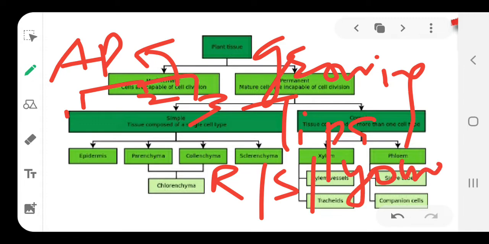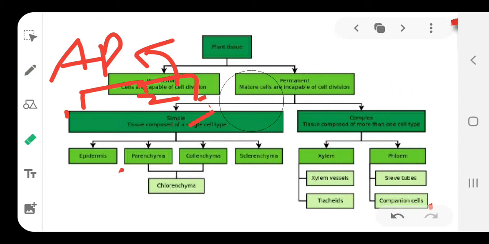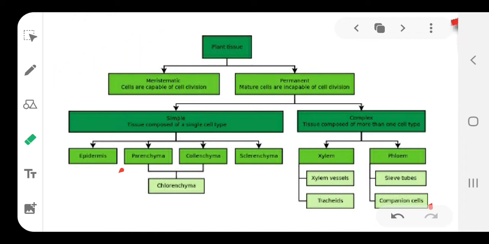Write it down. These are the apical meristem, the first part of the meristematic tissue.